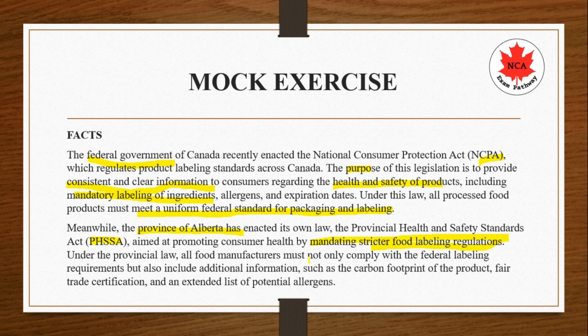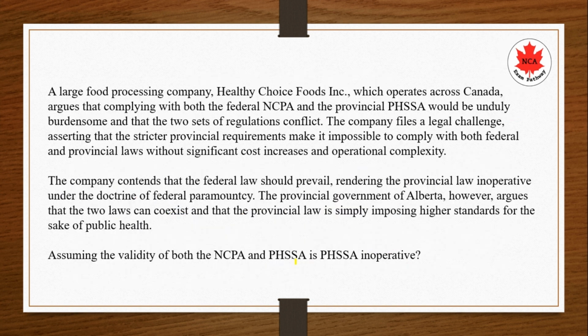Under the provincial law, all the food manufacturers must not only comply with the federal labeling requirements but also include additional information such as the carbon footprint of the product, fair trade certification, and an extended list of potential allergens.